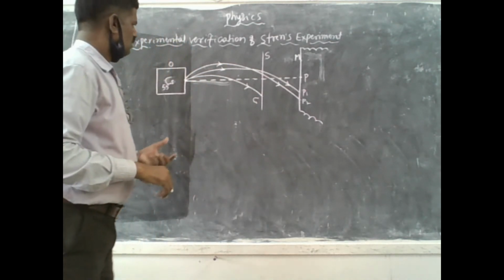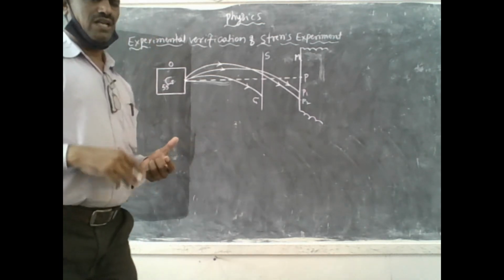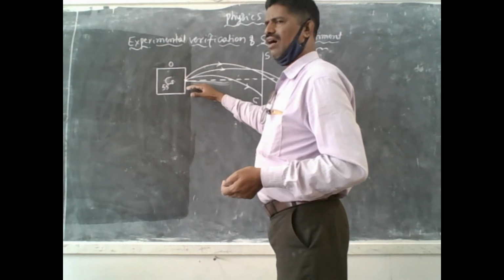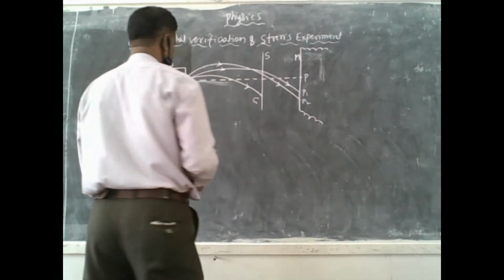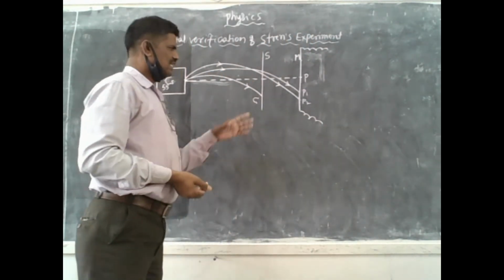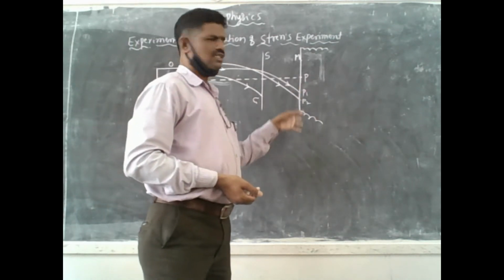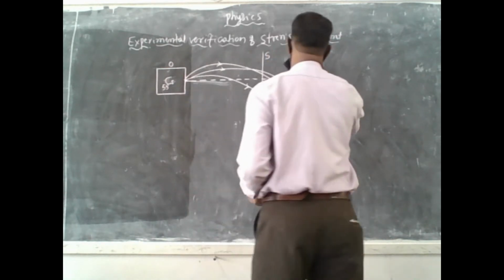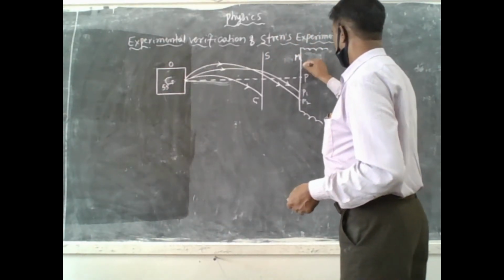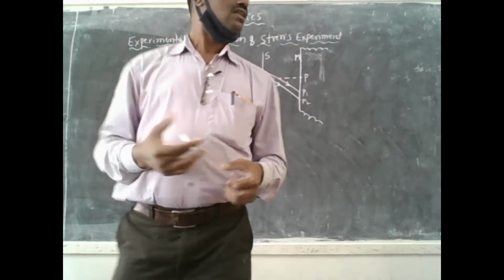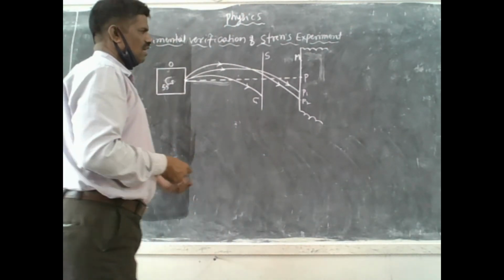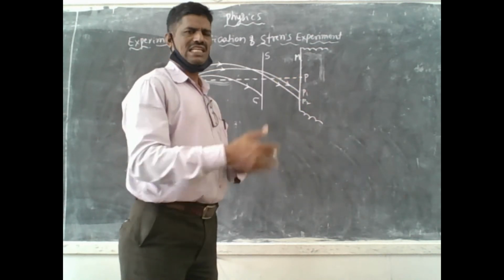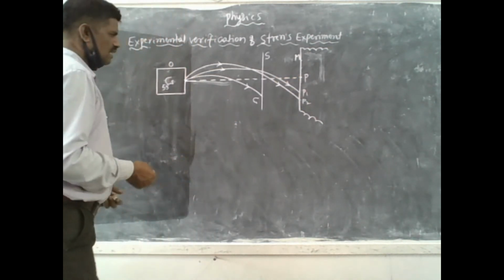So the atoms emerge from the hot oven, enter through the slits and are deposited on the tungsten wire, which is heated, and therefore the cesium atoms get ionized, isn't it?